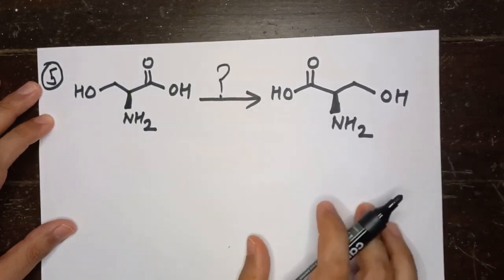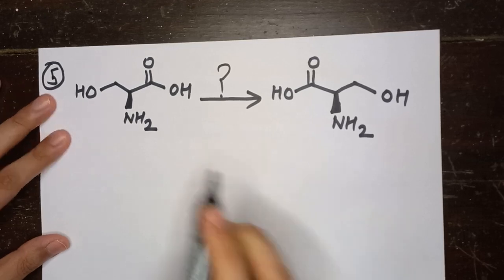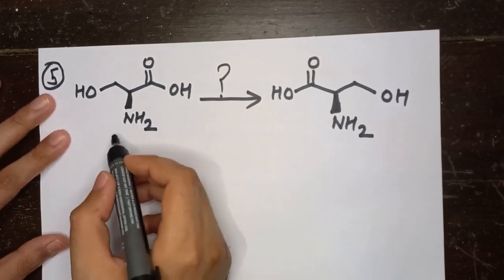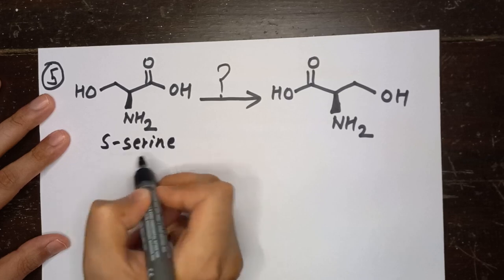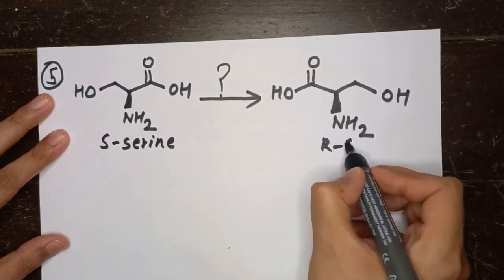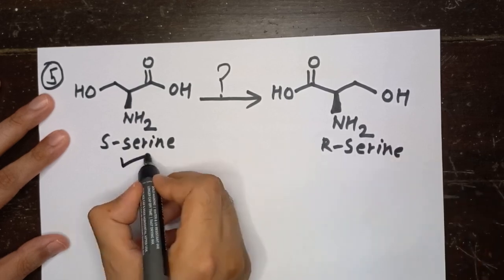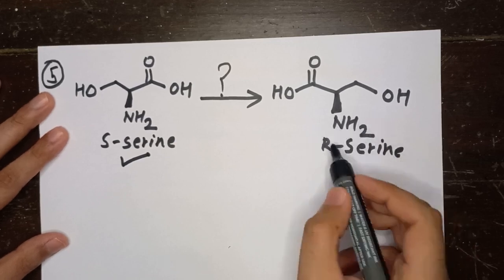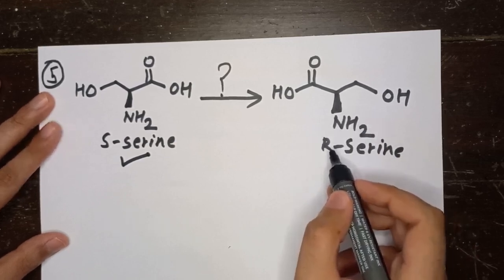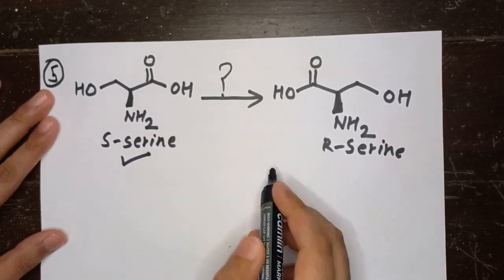So which reagent should I use? There is going to be lots of protection and deprotection. Well, this is a natural amino acid. This is called S-serine. Okay, and this one is R-serine. This is a natural enantiomer and it is very cheap, whereas this molecule is an unnatural enantiomer and it's an expensive one. So how can you convert this molecule into this?